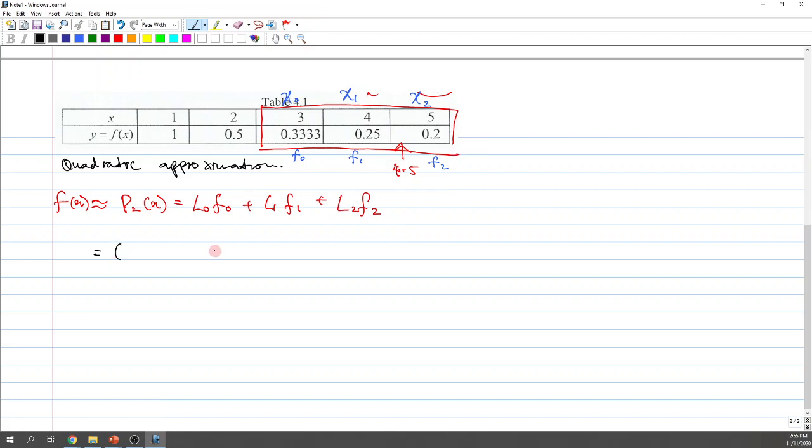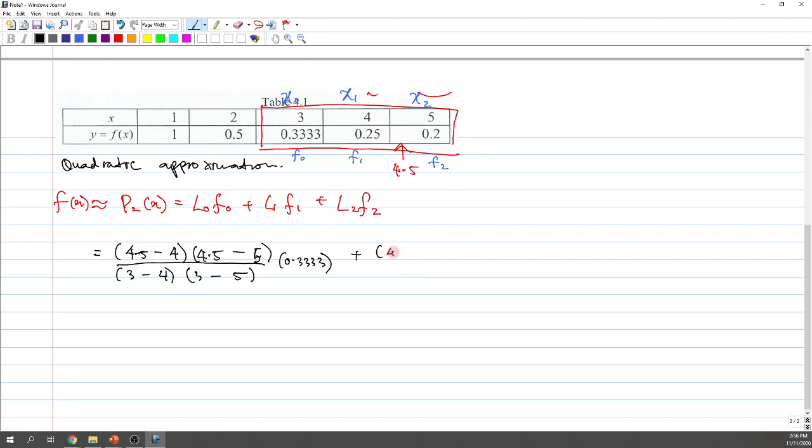Sama jugalah macam tadi, cuma use the different methods. So 4.5 minus other than x0: first one is 4.5 minus x1, 4.5 minus x2 which is 5, divided with 3 minus 4, 3 minus 5, and then f0 is 0.3333.